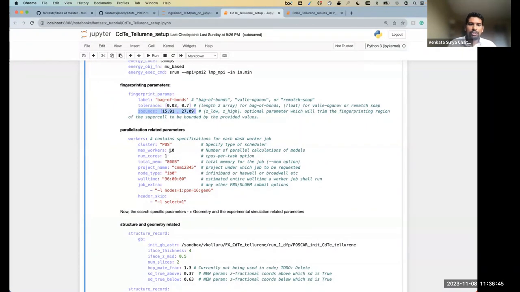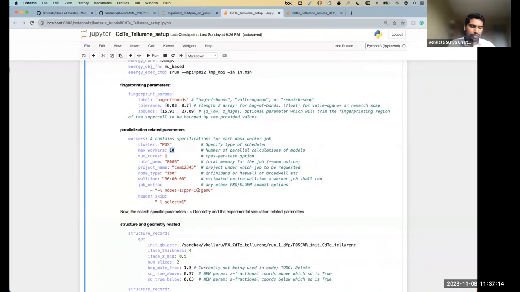And we specify how many workers we want. So FANTASTX's main algorithm runs on a set of CPUs, which we call master, and it initiates these workers. So we can specify how many workers we want to initiate. And all these worker specifications are given here, like what are the memory requirements, what is the number of processors needed.